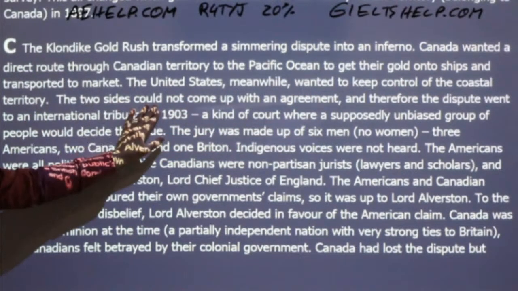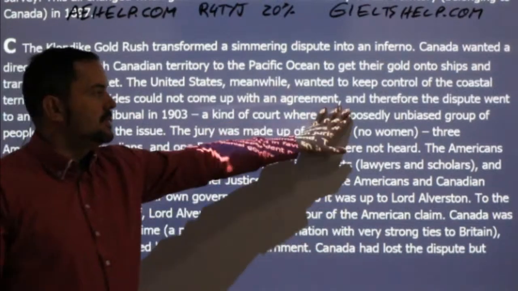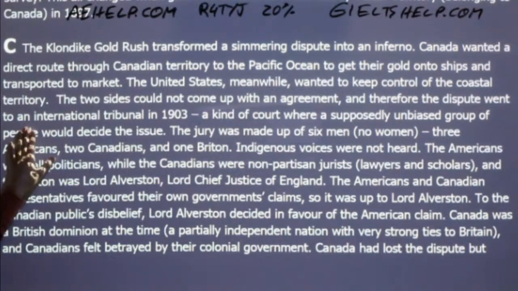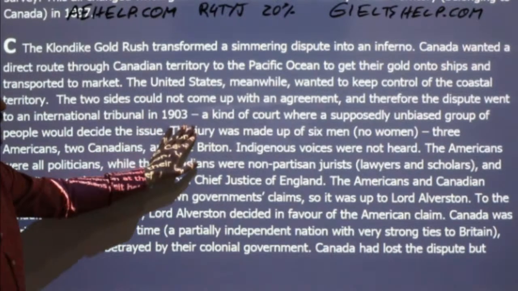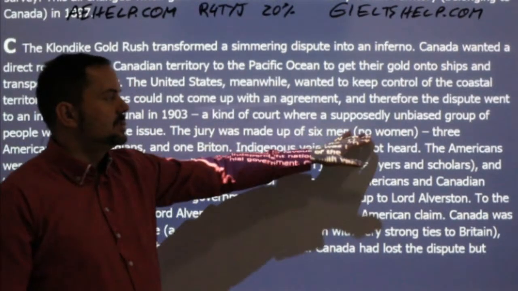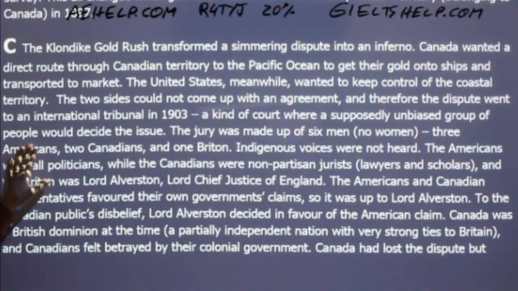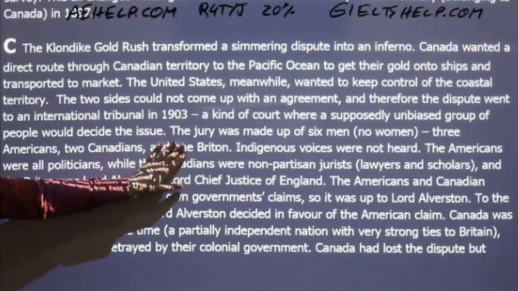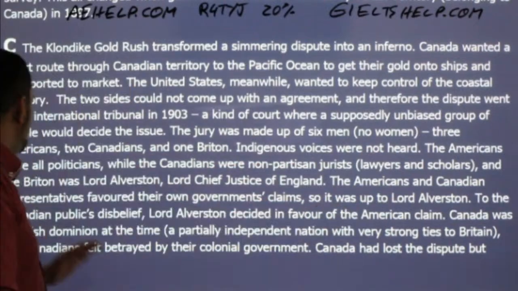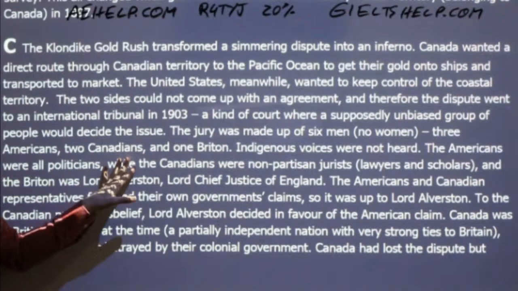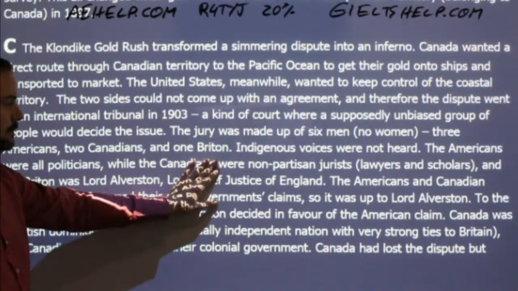The two sides could not come up with an agreement, and therefore the dispute went to an international tribunal in 1903, a kind of court where a supposedly unbiased group of people would decide the issue. The jury was made up of 6 men, no women, 3 Americans, 2 Canadians, and 1 Briton.